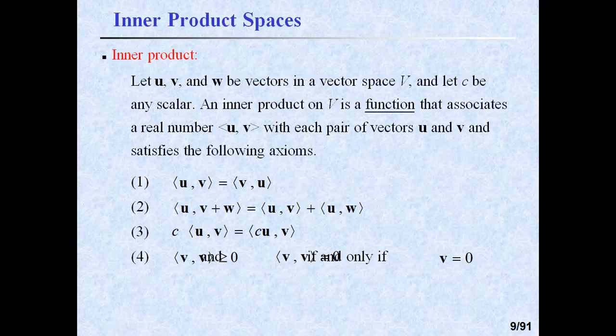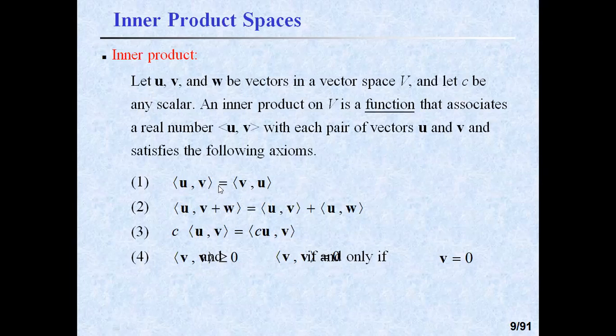Let u, v, w be three vectors in a vector space V, and let C be any scalar. An inner product on V is a function that associates a real number, the inner product of u comma v, with each pair of vectors u and v, and satisfies the following axioms.